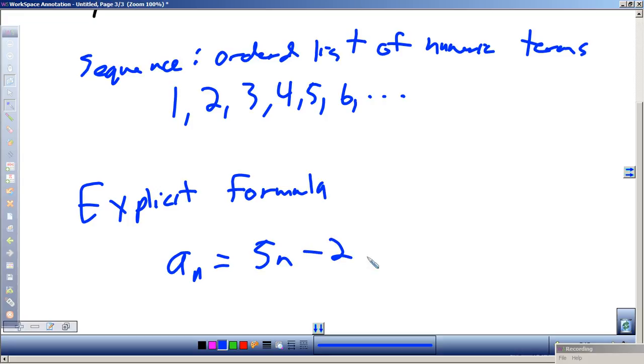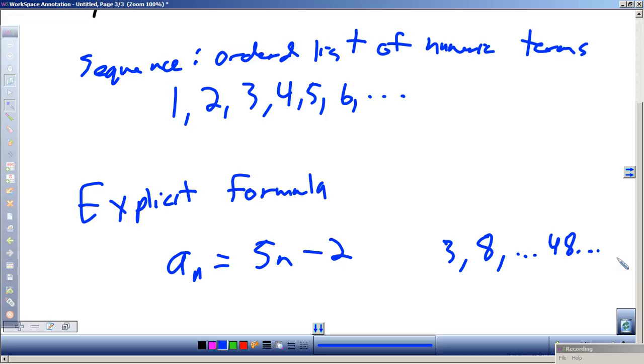If I plug in 1, what do I get? 3. And so the first term in the sequence is 3. If I plug in 2, I get 8, so I have 3, 8. If I plug in 10, what would I get? 48. And we can plug in any number we want, and this instantly tells us what the term is.